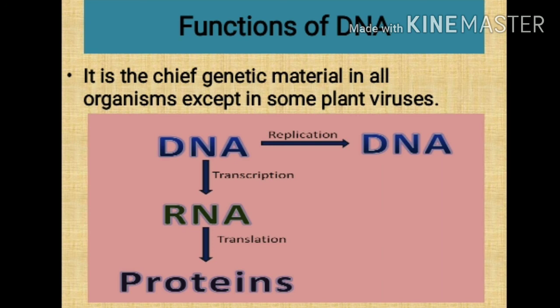On transcription, DNA is transcribed to messenger RNA, mRNA. mRNA on translation on ribosomes, with the help of tRNA, forms proteins, the polypeptide chain. So the information present in DNA is expressed in the form of polypeptides or proteins.